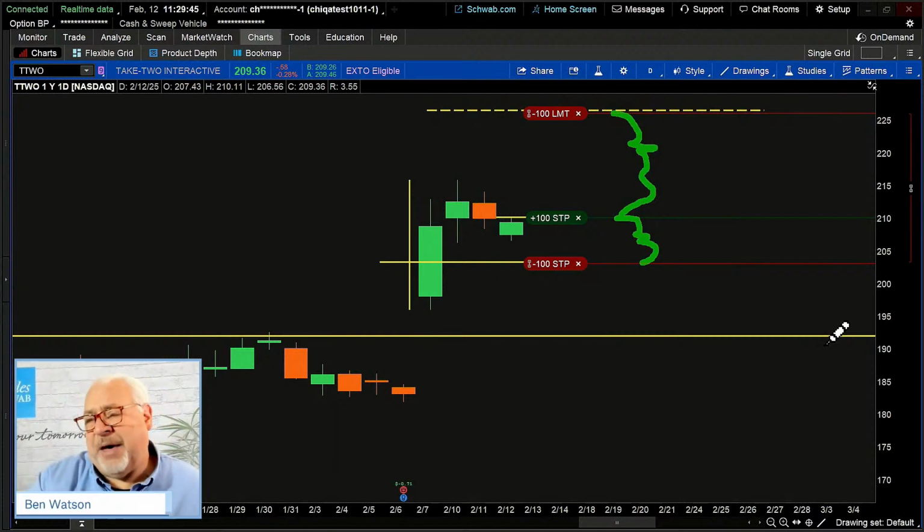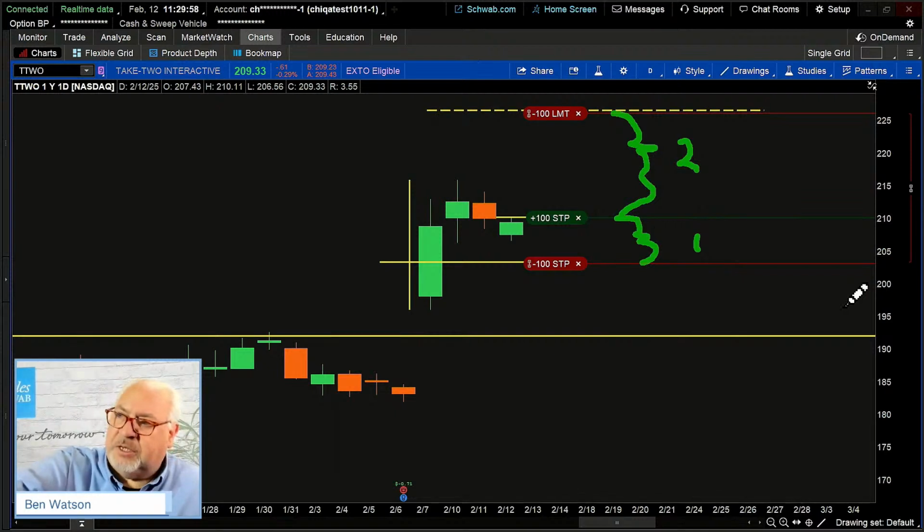In fact, visually looking at it, it's probably about a 2 to 1 reward to risk ratio if this trade comes together the way that we've set it up. But there's no guarantee of that, and there is the potential that we could lose from 210 down to 203, or 202.97 is where we place that.